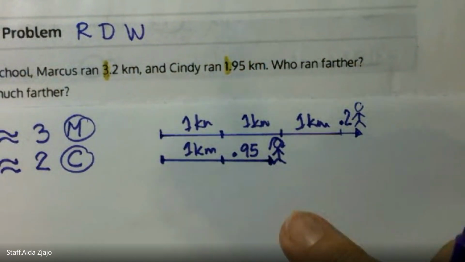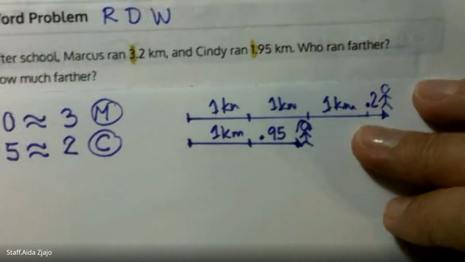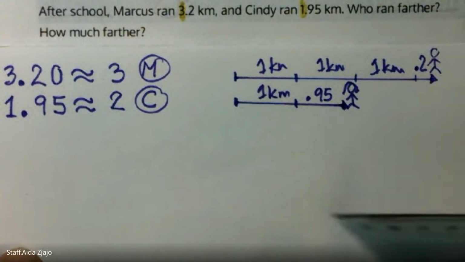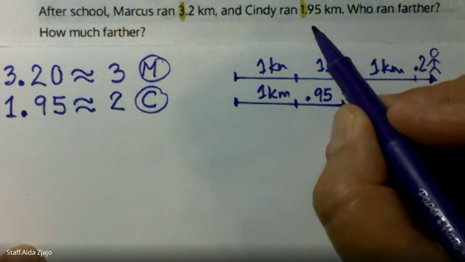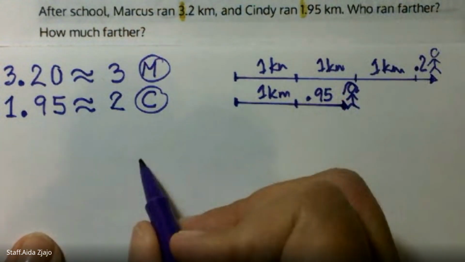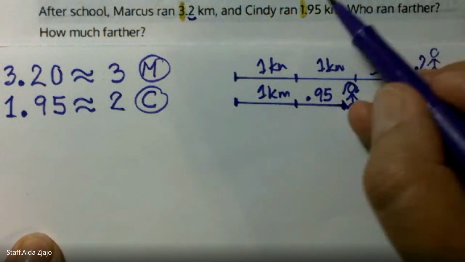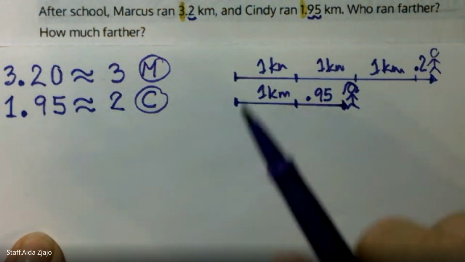And then how much farther we can now calculate. We have to find the difference between their distances. The first thing: these are in hundredths, and this one is in tenths, so they are not the same name.